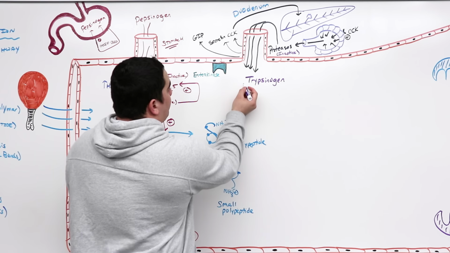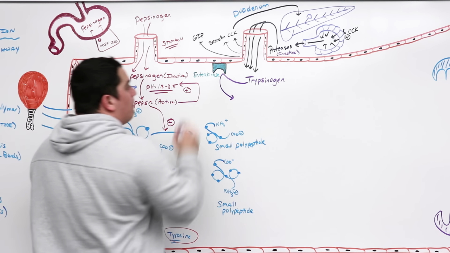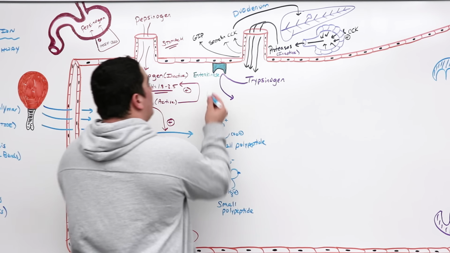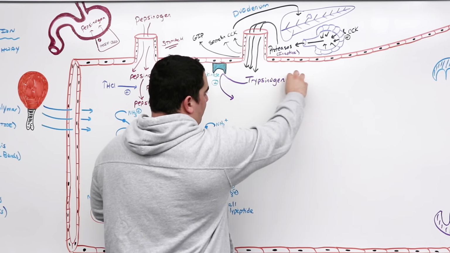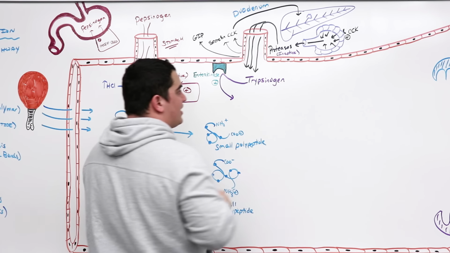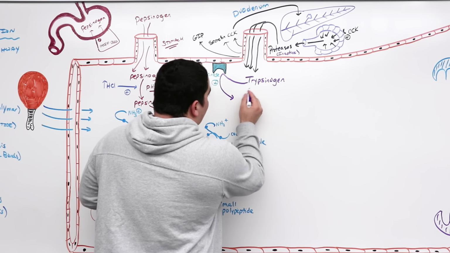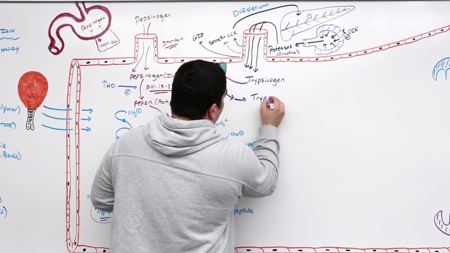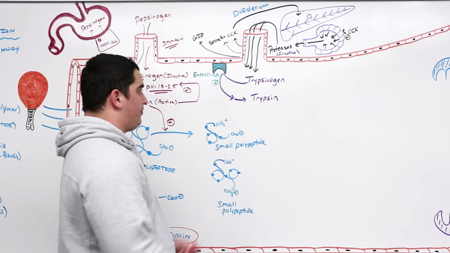Whenever trypsinogen comes, it can get activated by that enterokinase enzyme. Basically it cleaves off a specific peptide sequence off of this enzyme and turns it into the active form. The active form of this enzyme is called trypsin.